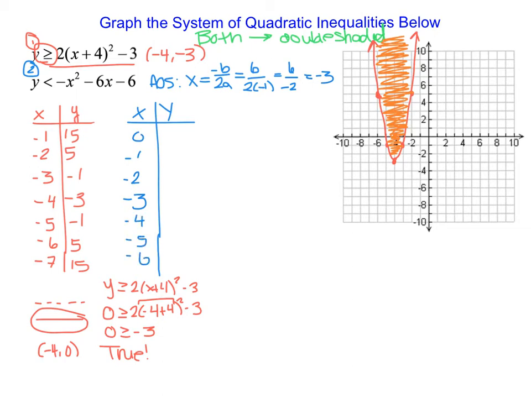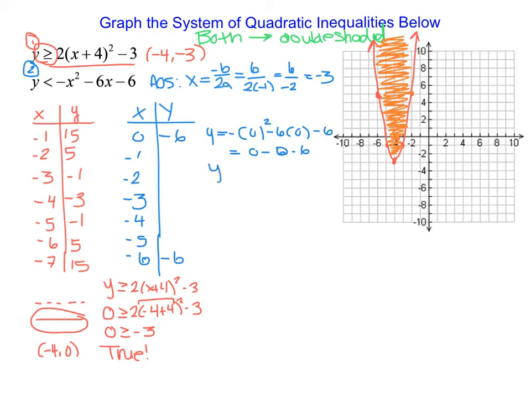So I'll have to calculate these by hand. So we have y, and remember we're going to pretend this is an equation temporarily. So y equals negative, we have 0 squared minus 6 times 0 minus 6. Well, that turns into 0 minus 0 minus 6, which is a negative 6.